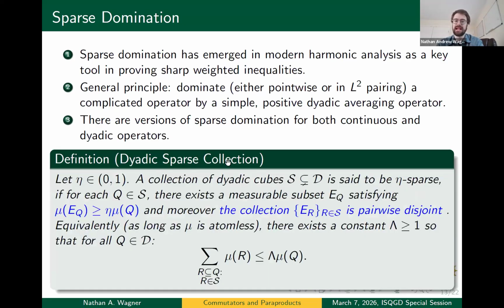So the definition of a dyadic sparse collection: I have some collection of dyadic cubes that's said to be eta-sparse, with a parameter eta in (0, 1), if for each Q in my collection there exists some measurable subset E_Q that takes up at least some fixed amount of the measure of Q, and this collection of distinguished subsets is pairwise disjoint.